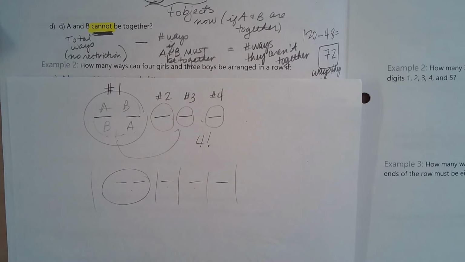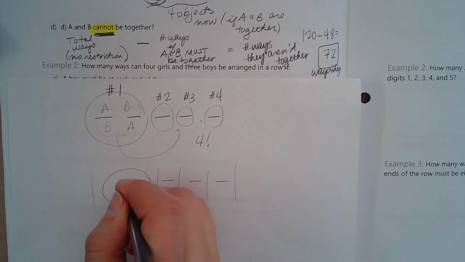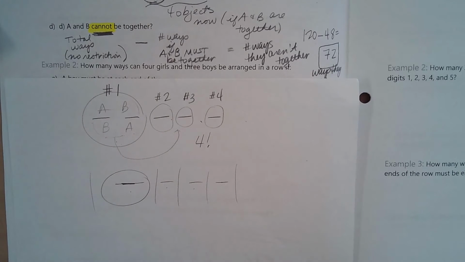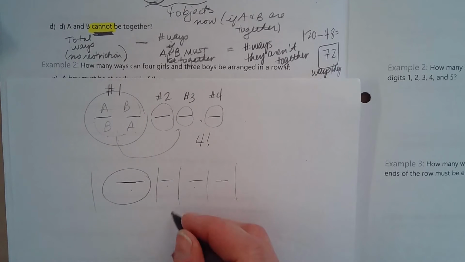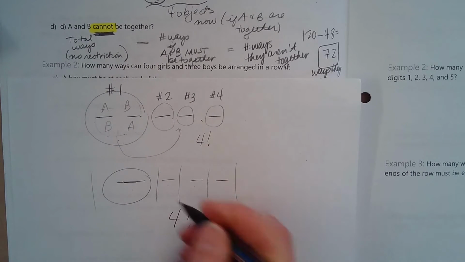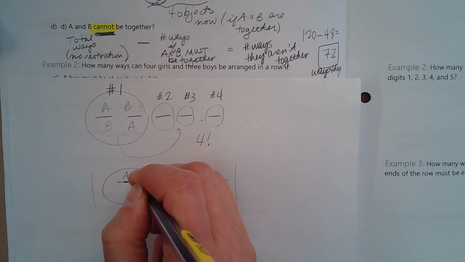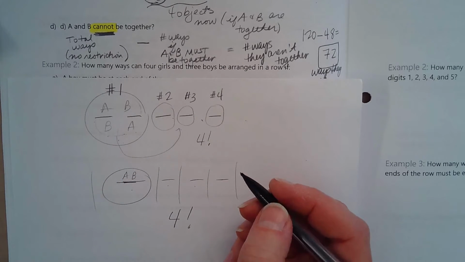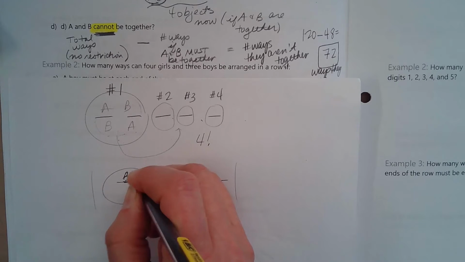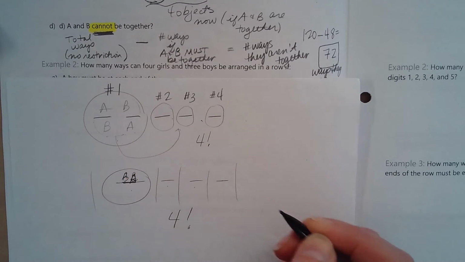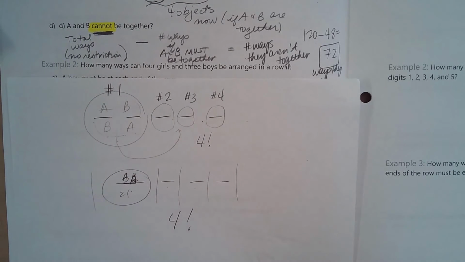Their chairs aren't anchored to the ground. They're just anchored to each other, I suppose, right? Okay, let's even say that their chairs have been glued together. They can't move. How many chairs do you have? 4, okay? The only thing about A and B is, yeah, they have to be together, but we didn't say if it has to be A, B, or they could switch and they could be B, A, right? That's that 2 factorial.